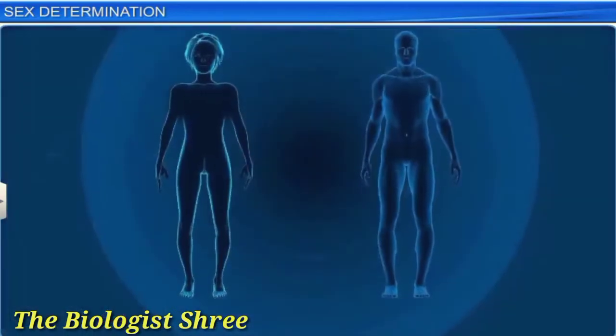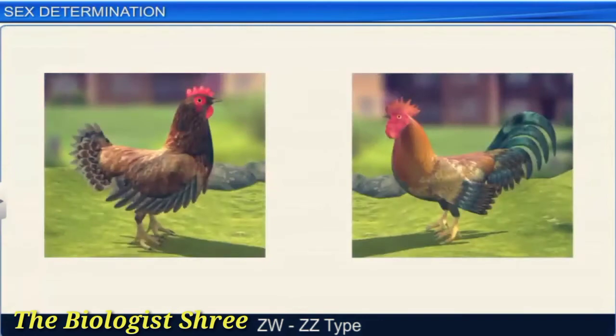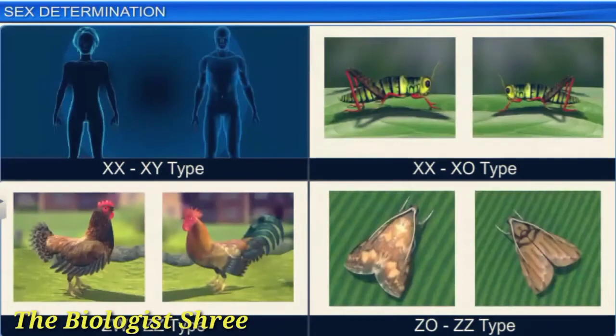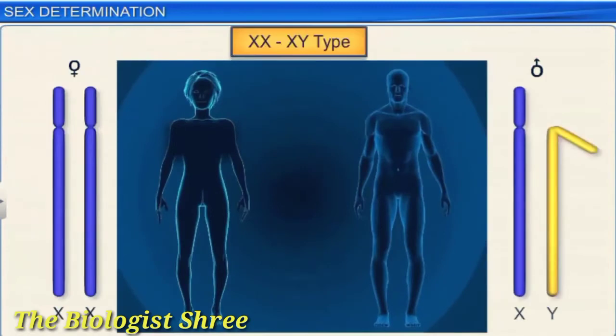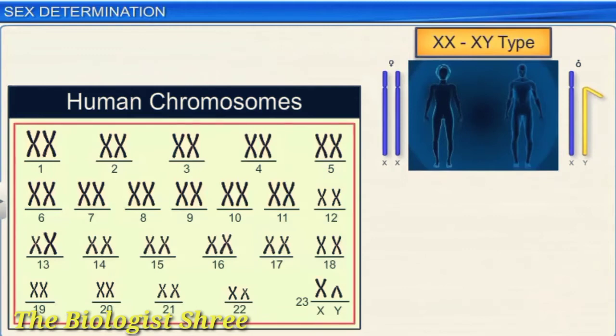Let's now take a look at a few sex determination systems, which are actually biological systems that help determine the development of sexual characteristics in an organism. In human beings and several other mammals and insects, the sex determination system is of the XX-XY type. Human beings have 23 pairs of chromosomes.